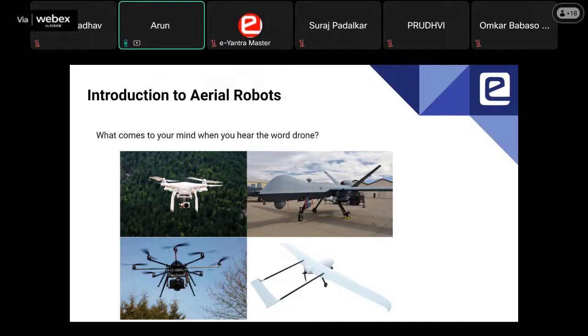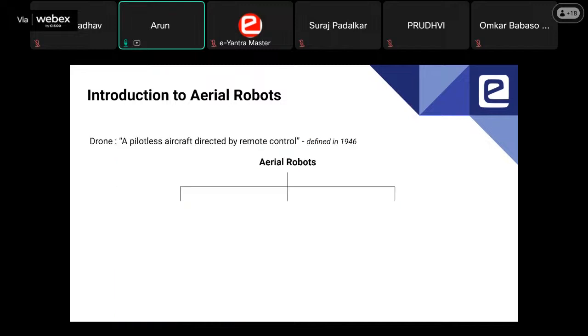So then a question arises. What does the word drone exactly mean? All these can be said as drone. Then what does the word drone mean? So the definition of a drone is nothing but a pilotless aircraft, which is controlled by a remote control.